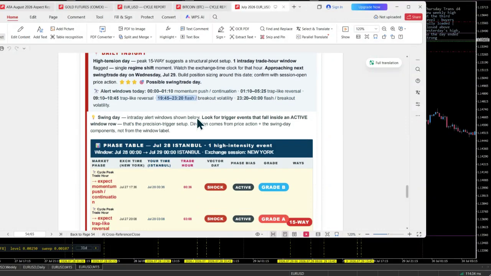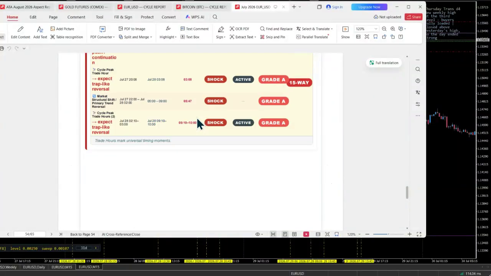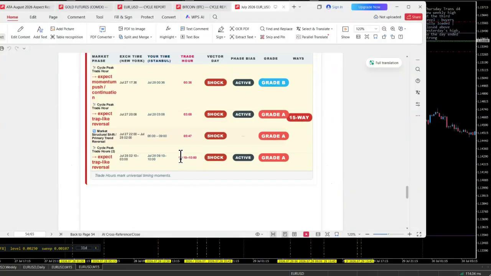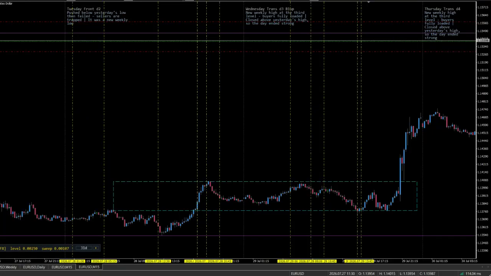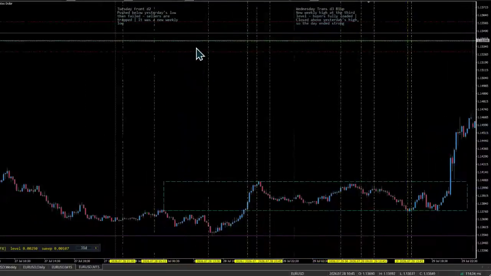Is it giving me an hour? Let's see. The hours it gave me were in the morning, specifically for the euro dollar. So 9:10, I think on Tuesday. 9:10 would have been somewhere there.